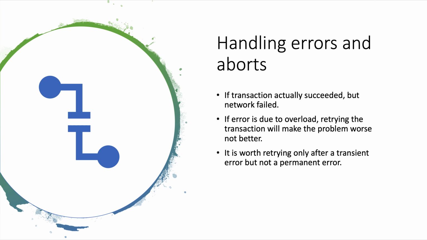The third point is that it is only worth retrying after a transient error and not a permanent error. So, what are transient errors and permanent errors? Transient errors are things like deadlocks, isolation violations, temporary network interruptions, or failover. But permanent errors like constraint violations should not be retried because they would again result in errors.